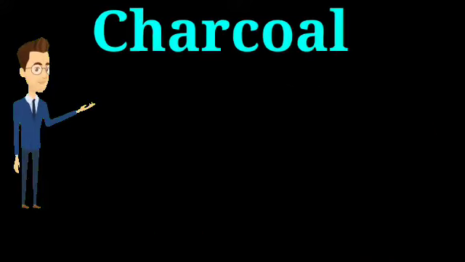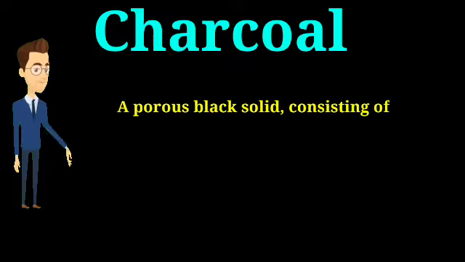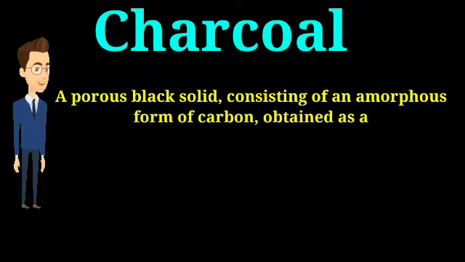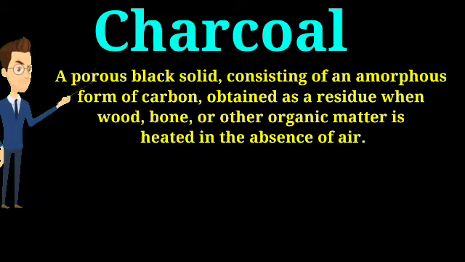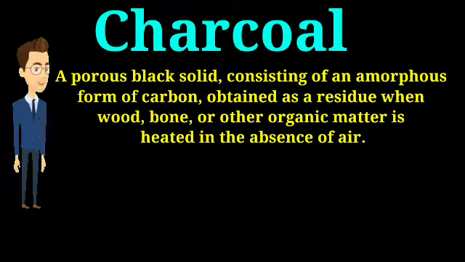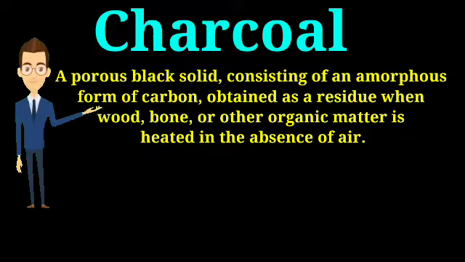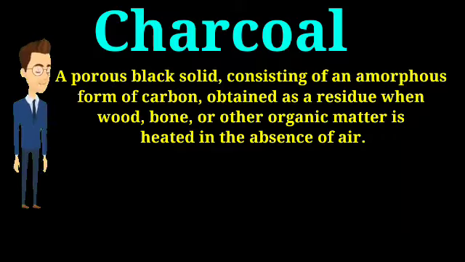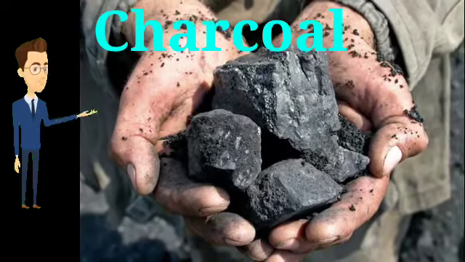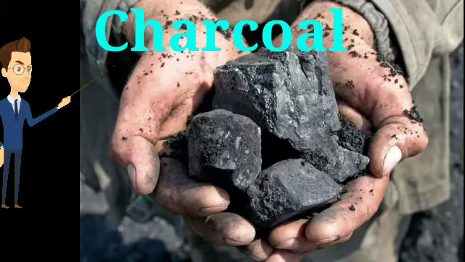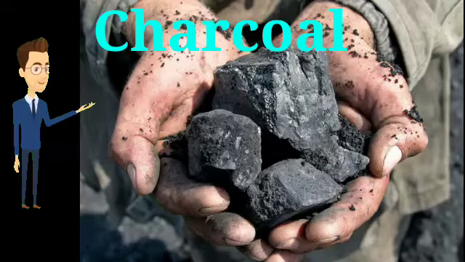Now we will talk about charcoal. A porous black solid consisting of an amorphous form of carbon, obtained as a residue when wood, animal bone or other organic matter is heated in the absence of air, is called charcoal. You can see in the figure the black solid amorphous substance called charcoal, and we have already seen charcoal in our homes also.